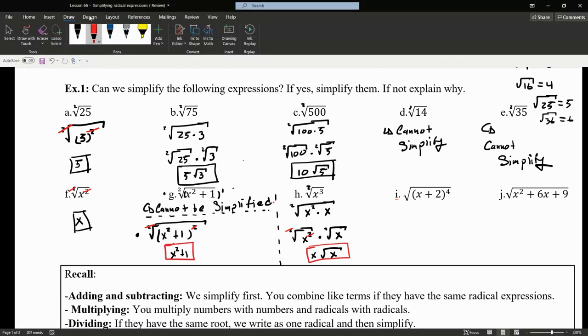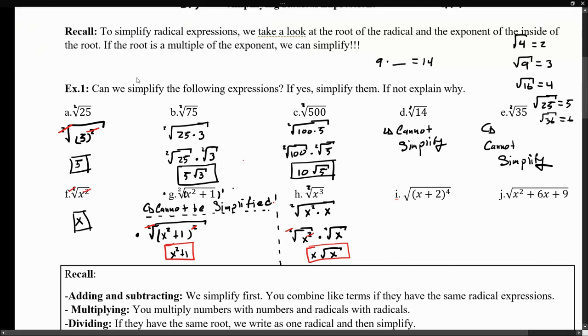All right, let's just take a look at 2 more examples here. Same idea here, example I. Is it possible for me to rewrite the whole expression with an exponent of 2?